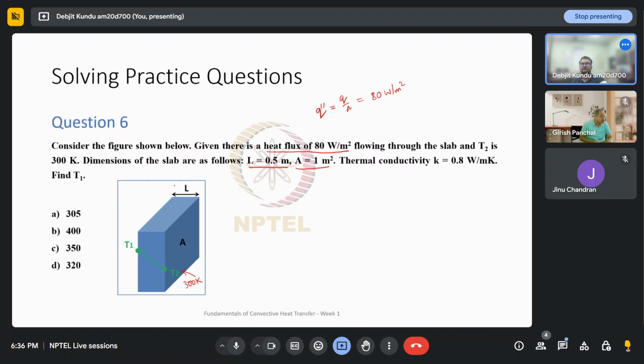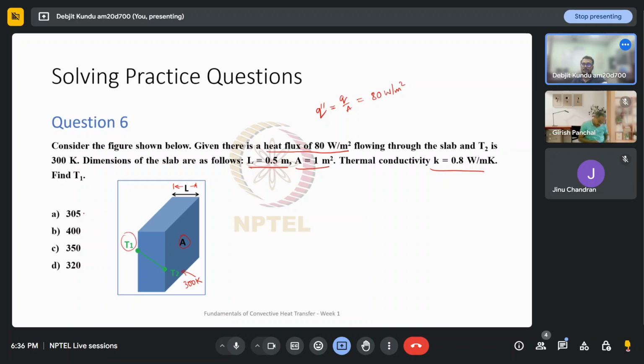L is the thickness of the slab. This is 0.5 meters. The area of the slab is 1 meter square. The thermal conductivity K is given, that is 0.8 watt per meter Kelvin. All we have to do is find T1.